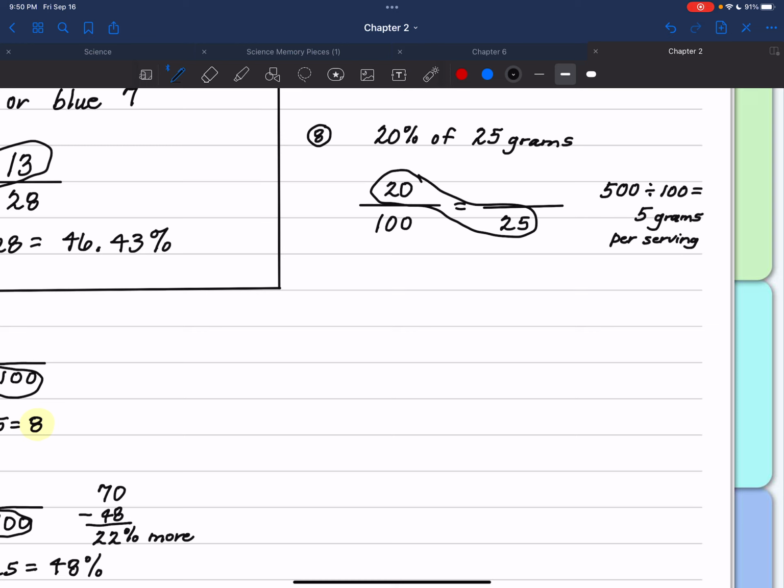And if the can contains 4 servings, let me draw you a picture to help you visualize. Here's a can of black beans. Let's try it again. There we go. And the can contains 4 servings. So you have 1, 2, 3, 4.